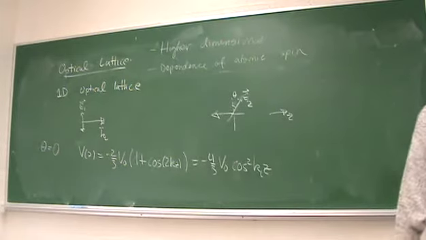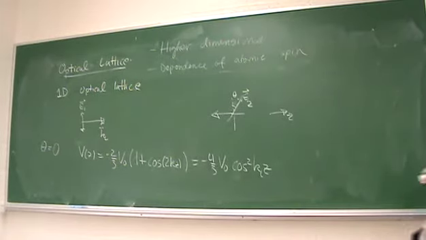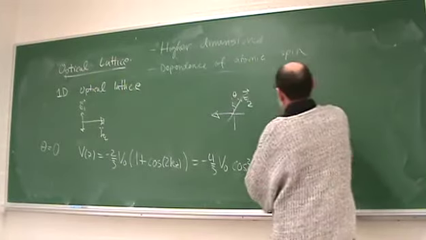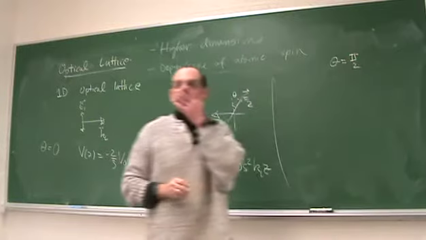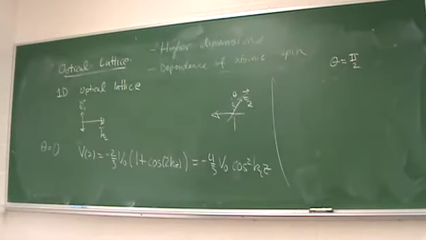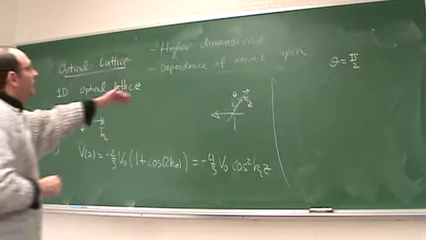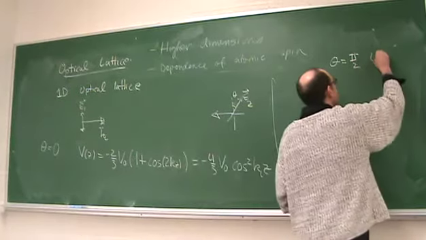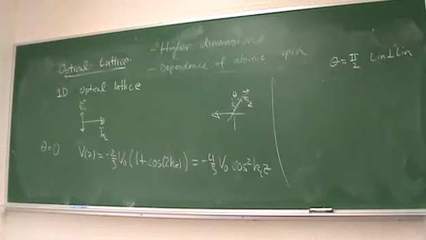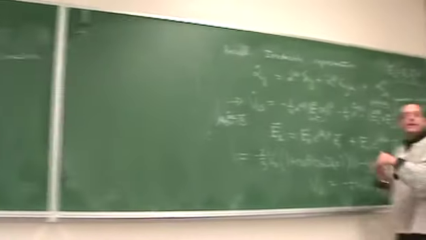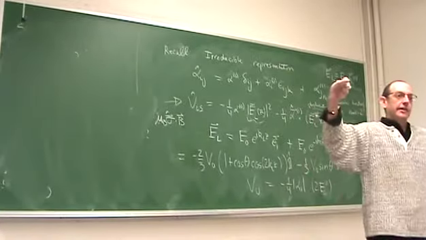What happens when theta is pi over 2? Well, when theta is pi over 2, that's lin perp lin. In lin perp lin, there's no modulation of the scalar part because the intensity is everywhere constant.